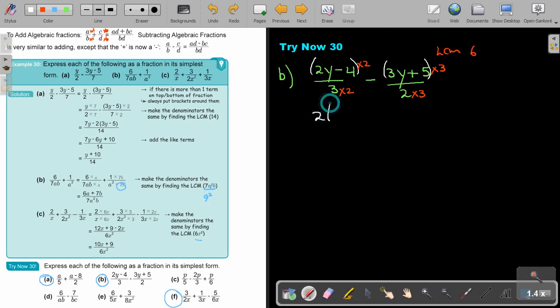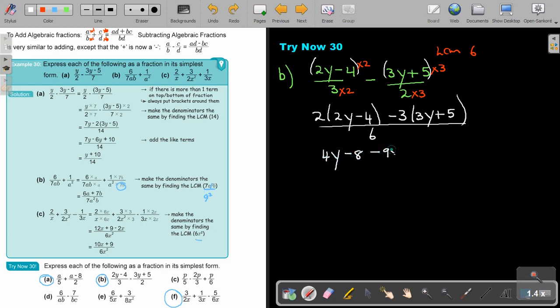So say 2 times 2y minus 4, minus 3 times 3y plus 5, and that will be over 6. And if I multiply, I will get 4y minus 8 minus 9y minus 15 over 6. So this is negative 5y minus 23 over 6. And that will be my final answer.